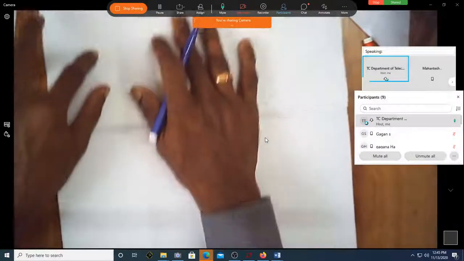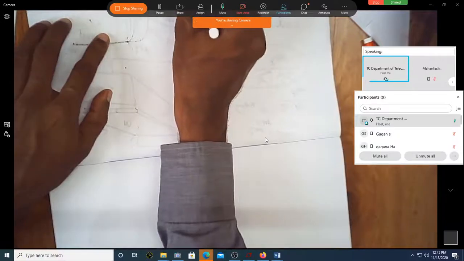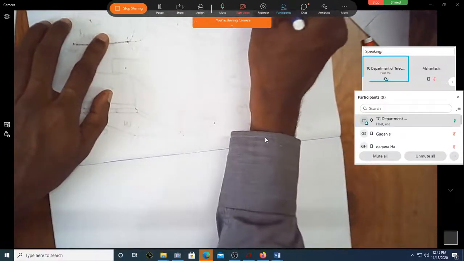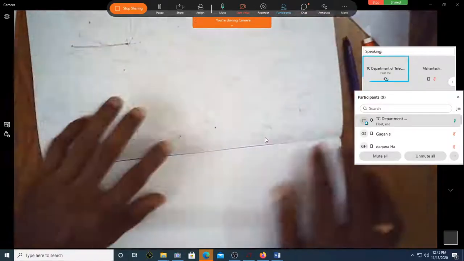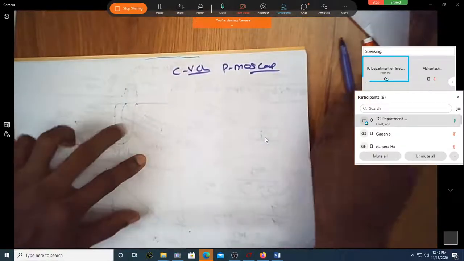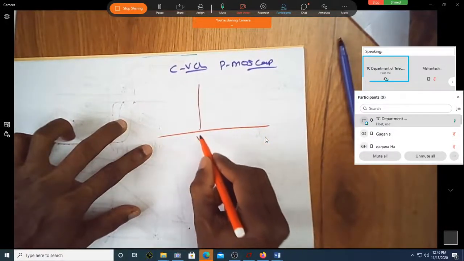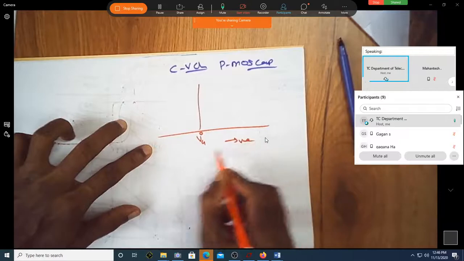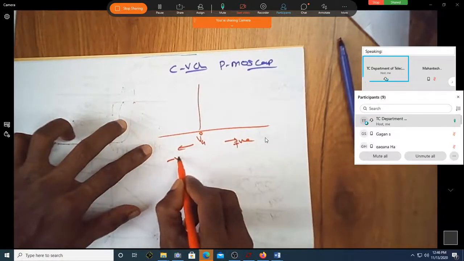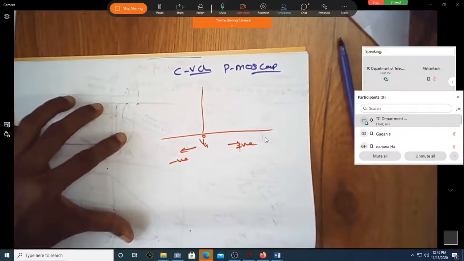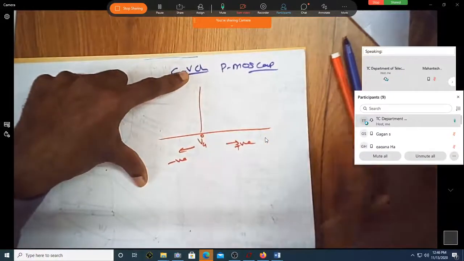Can we draw similar CV characteristics for a PMOS capacitor? Again you have Vg, this is 0, you have positive voltage and this is negative voltage. Can I write it this way?